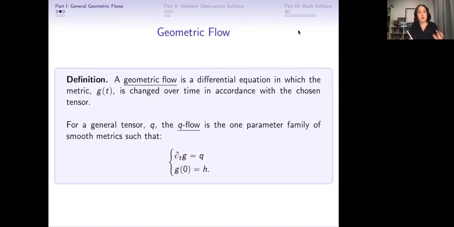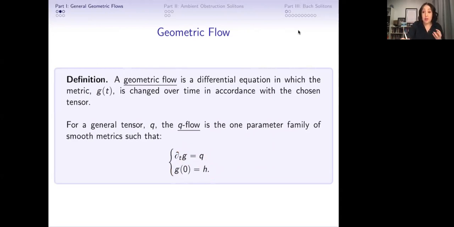So for a general tensor Q, we would define our Q flow as the one parameter family of smooth metrics g, such that my initial metric is h. And as I change my metric g with respect to some variable t, or with respect to time, it's going to remain in equivalence with the curvature, right?